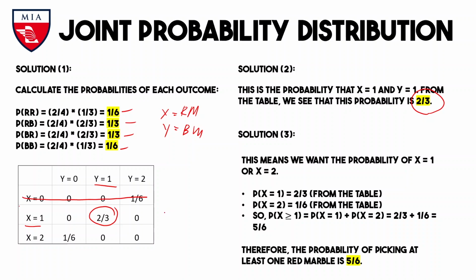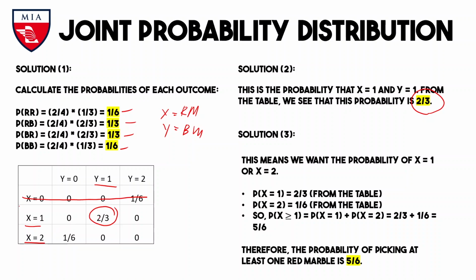So what are the values that fall under the x1 and x2? Because we have at least one red marble. Therefore, x is equal to 2 is also included because it is more than the minimum, which is equal to 1, because 1 is the at least number.